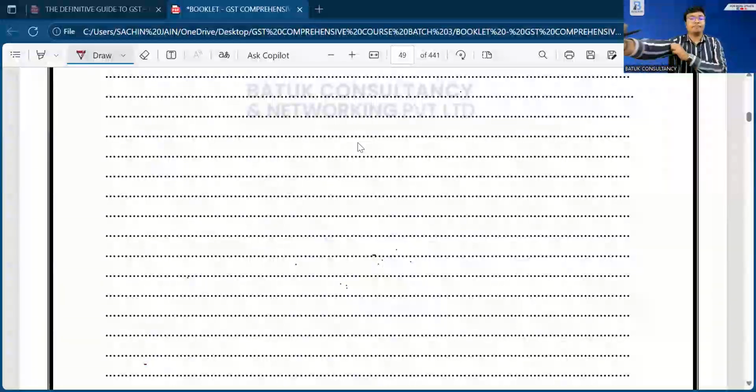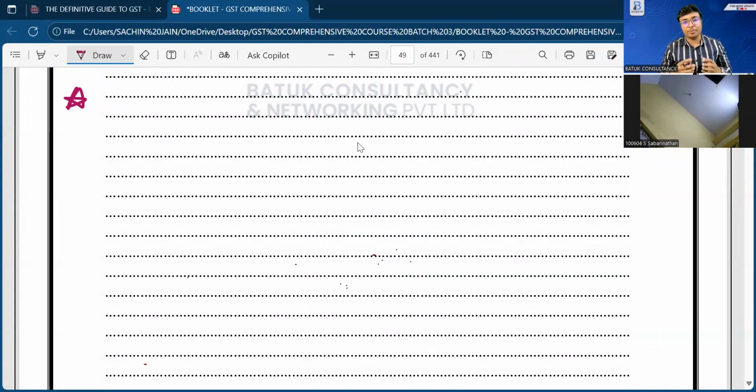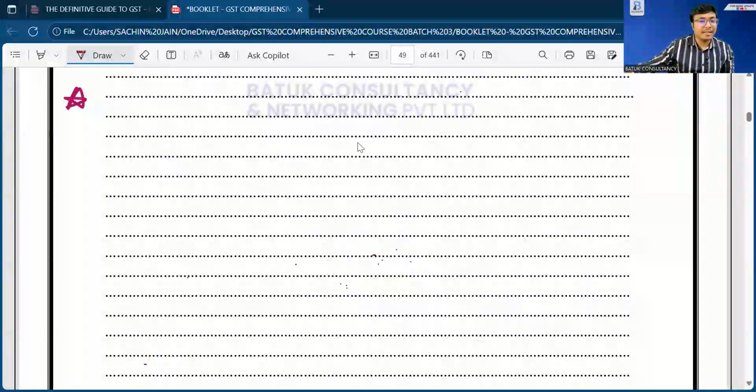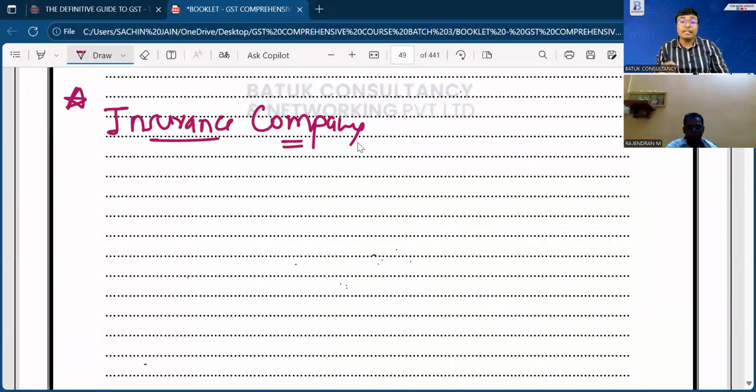Now, sir, insurance agents are also going to provide services. So in that case, for that insurance company, on which value is the GST applicable? What will be the value of supply in case of insurance company?